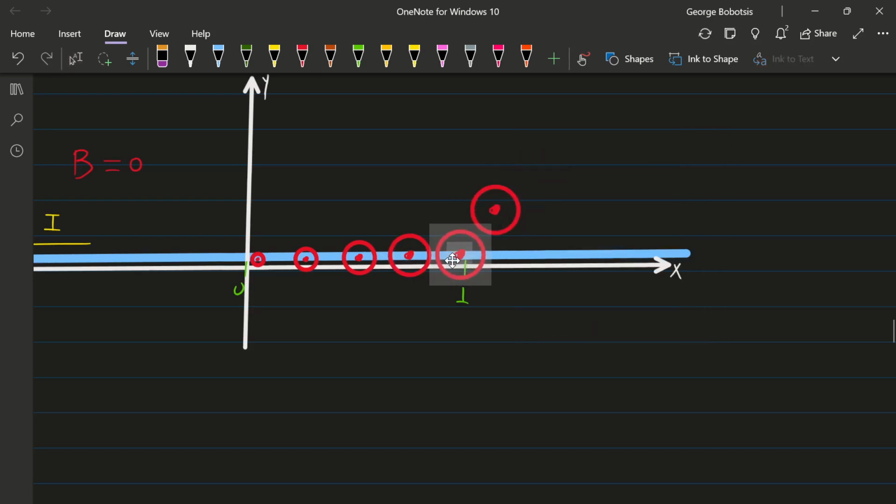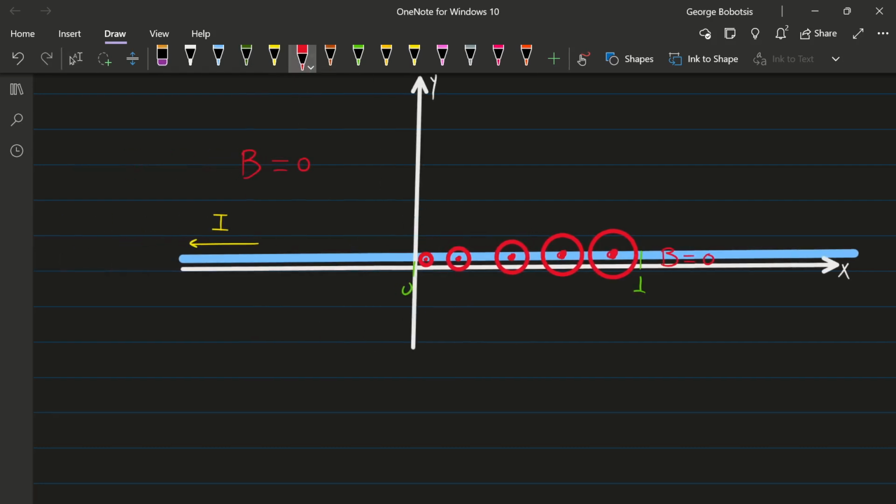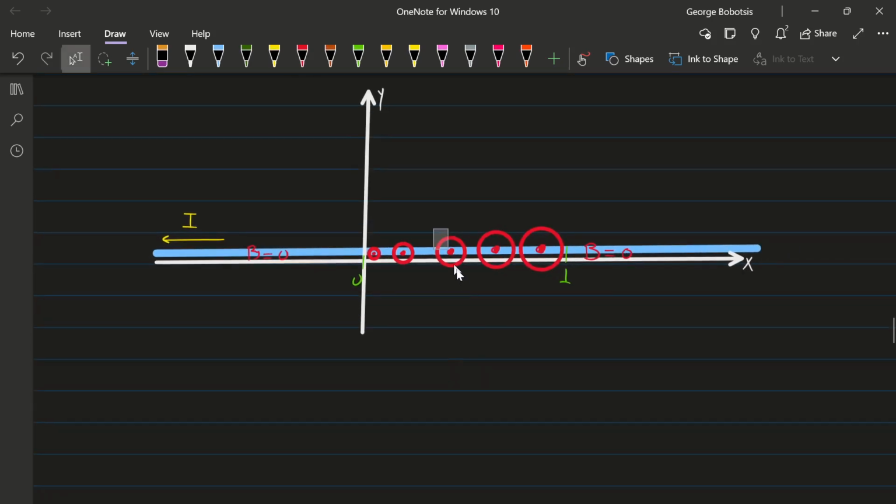But then it goes back to 0. That's what's interesting about this. All right, nothing beyond 1. Might as well just write here B is equal to 0. That's good. You have a picture now of how it looks. It's going to help a lot.